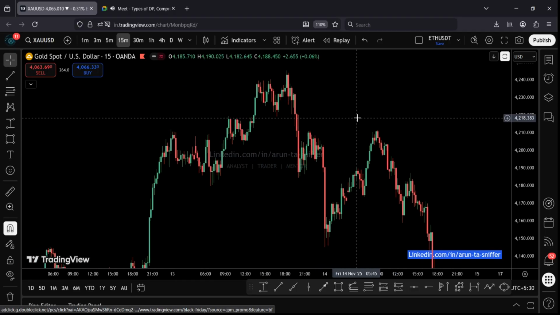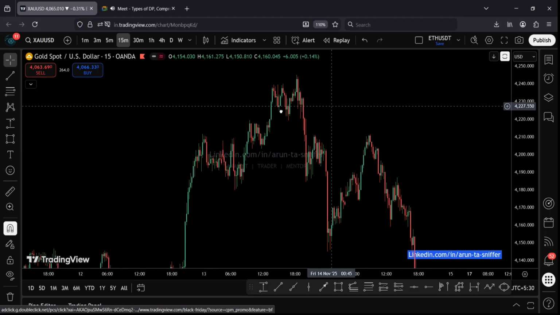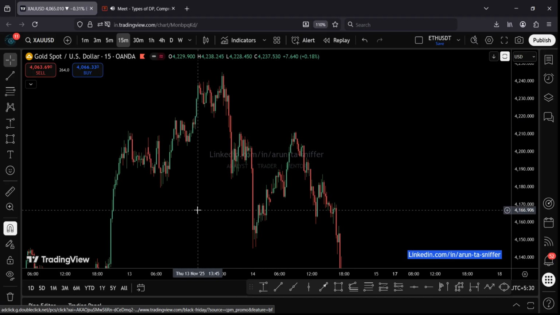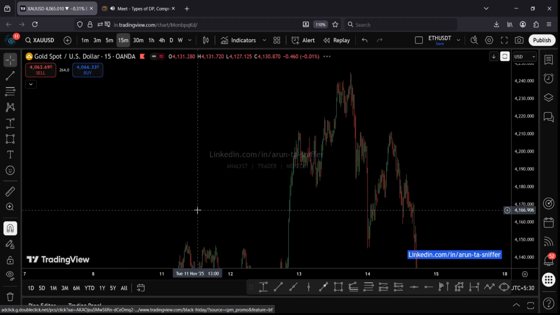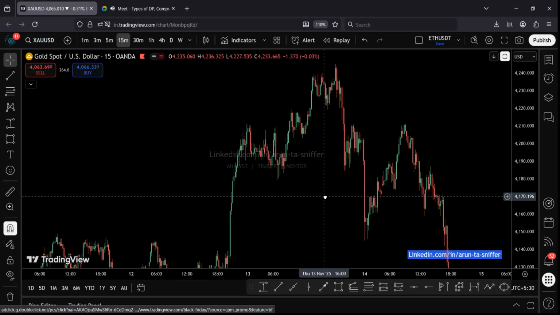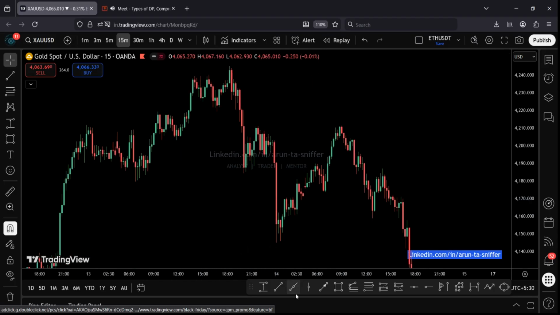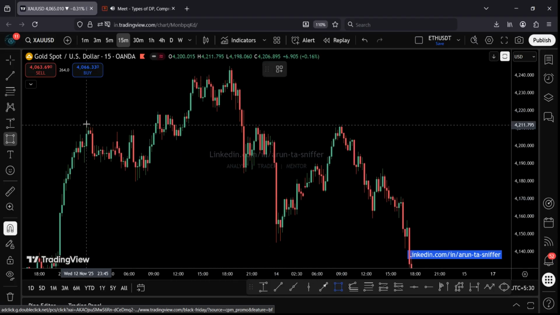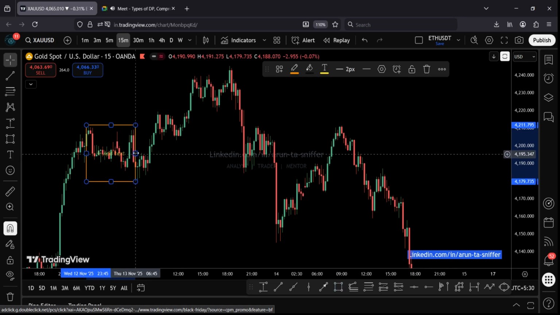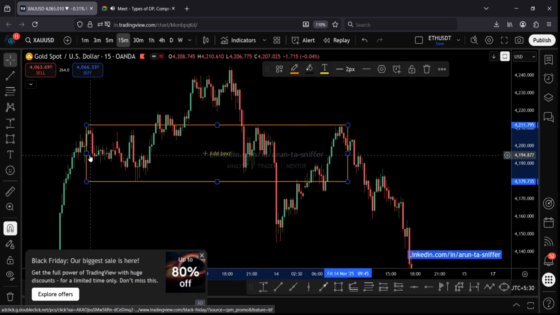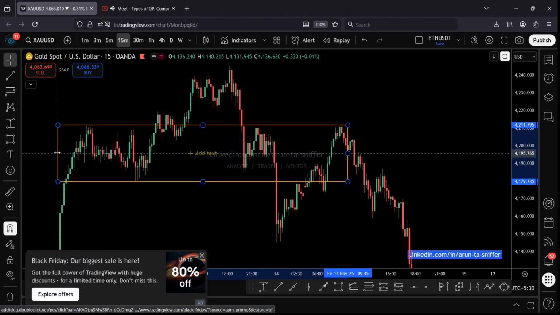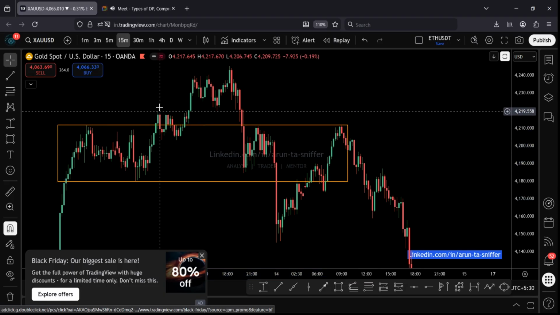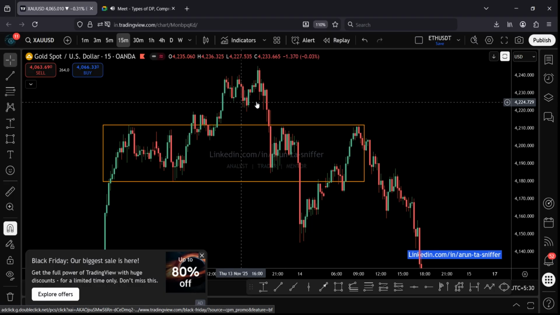Okay, here we'll look at this. Think like this is our FTR, from here to here, okay? And what happened? Price goes up, came down, this hold the price up.